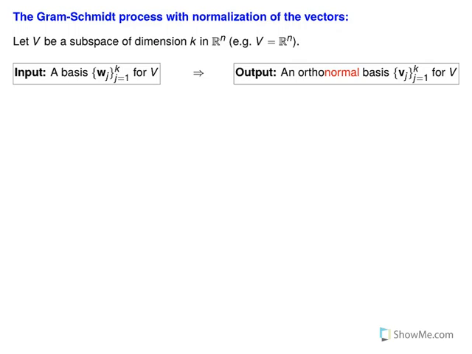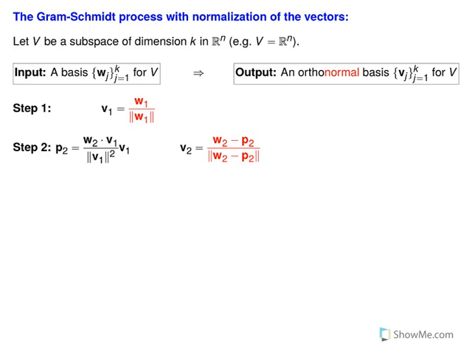All right, so now let's do a slight tweak to the algorithm. Say we want an orthonormal basis, so I want Vj to have norm 1 for all j. This can be done with a very minor modification to the algorithm. In the first step, I normalize the first vector.